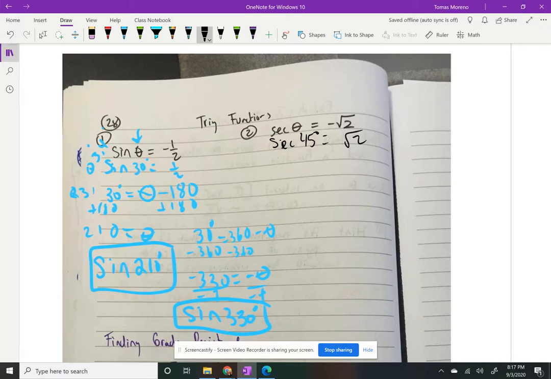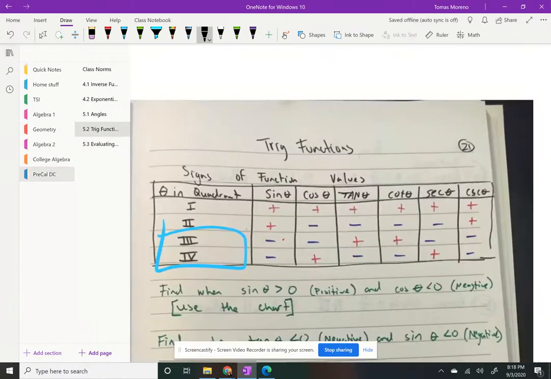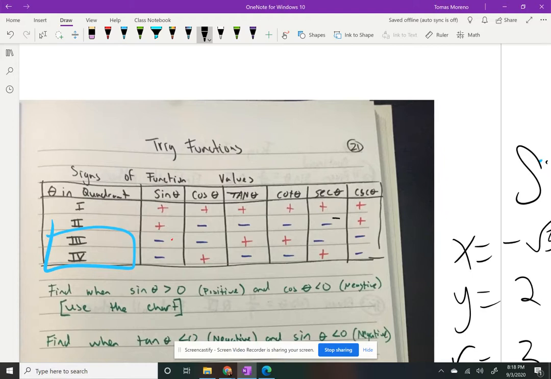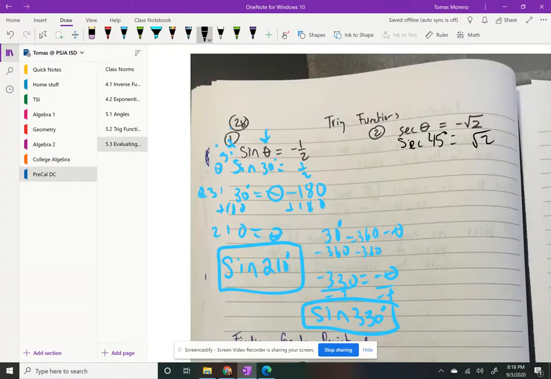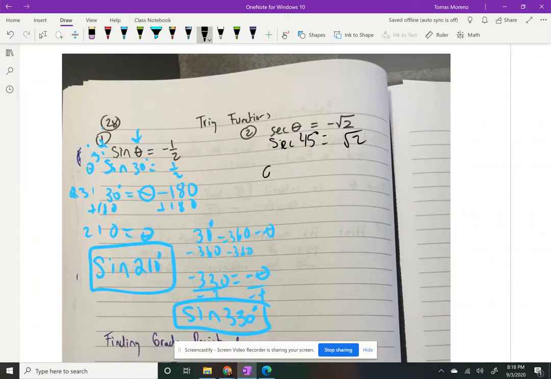So now we got to go to our 5.2 notes. Secant is negative in quadrants 2 and 3. So that means quadrant 2, sorry guys, that was my son, and 3.